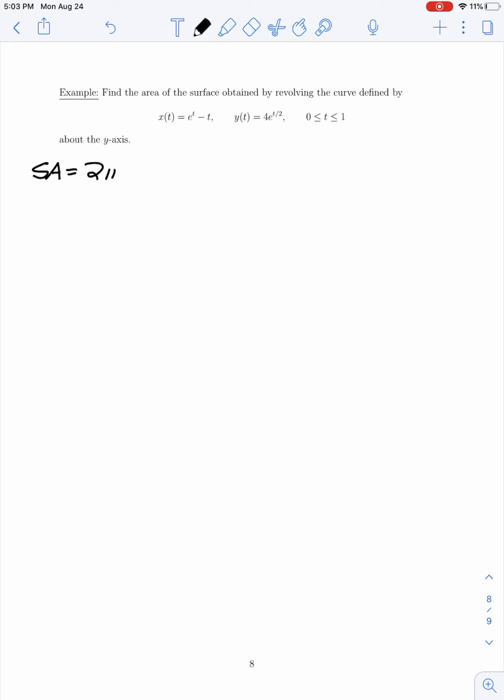The surface area is given by 2 pi times the integral from 0 to 1 of, since we're revolving about the y-axis now, x of t, which is e to the t minus t, times the square root of the sum of the squares of the derivatives of these parametric equations.